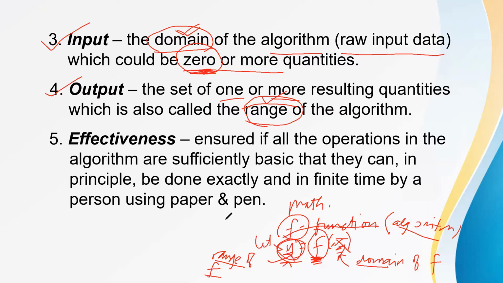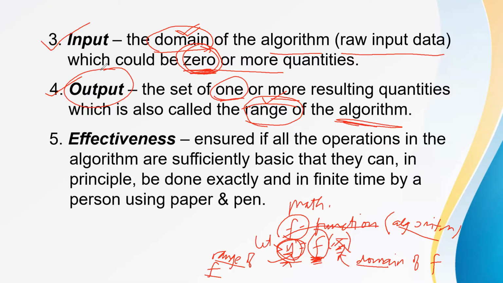Now, again, for input, how many inputs are required for an algorithm or program? It could be 0 or more. So it is possible for an algorithm or program to have no input, but it is required that there must be at least one output. Now, what do you think if an algorithm has no output? Is that a useful algorithm?